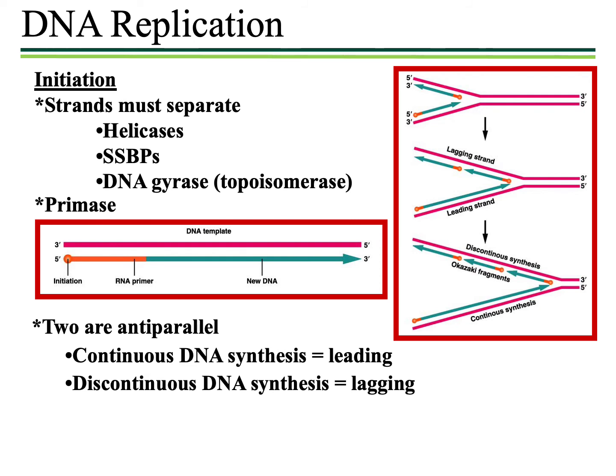And that is with the help of SSBPs. SSBP is short for single-stranded binding protein. These single-stranded binding proteins do exactly what their name implies. They are proteins that bind to single strands of DNA, and in this case, they prevent the closure of those two strands so that replication can proceed.